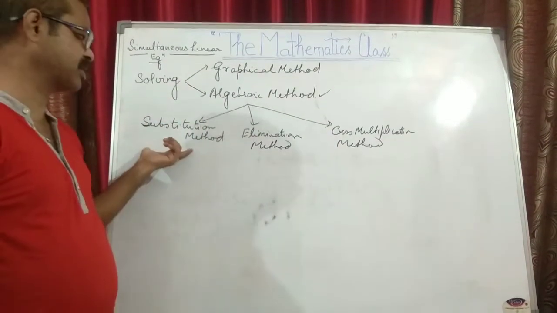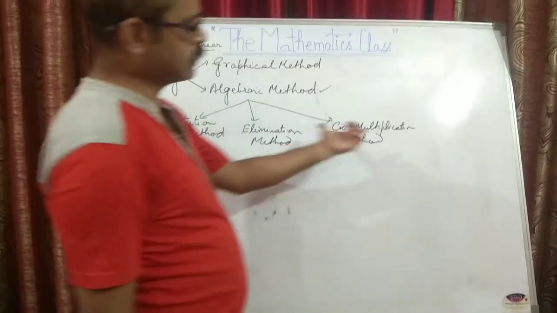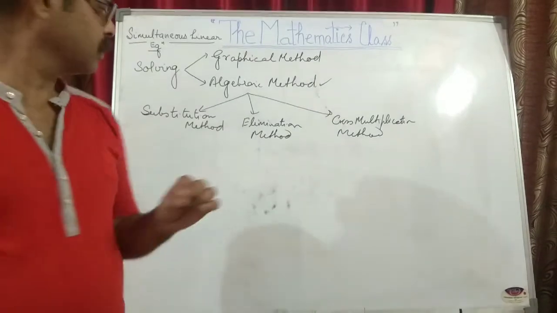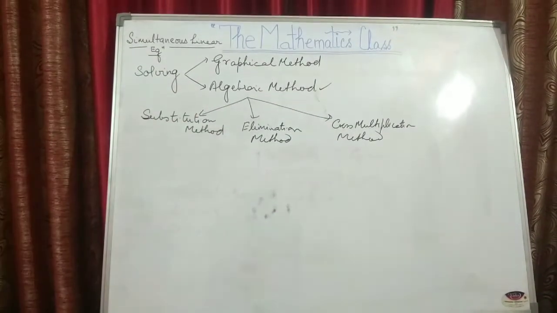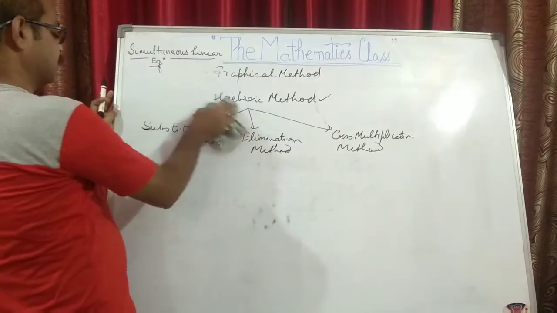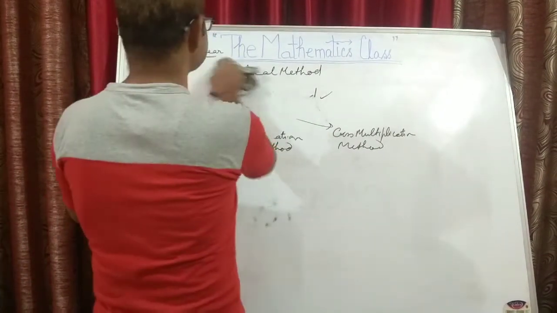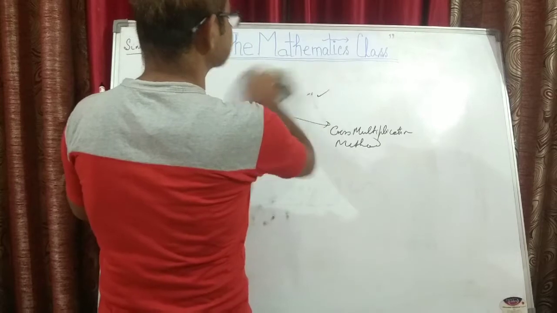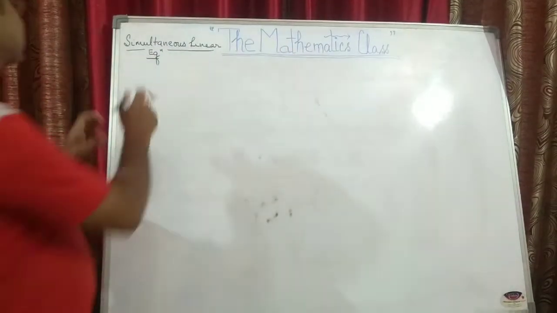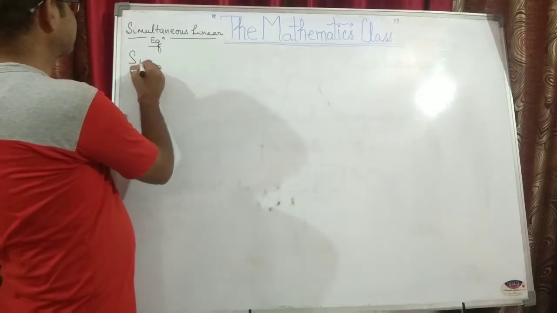First is substitution method, then elimination method, and then cross multiplication method. We will be discussing the substitution method. So let's take a question according to this. We will be discussing this based on some questions. So first we will be discussing substitution method.